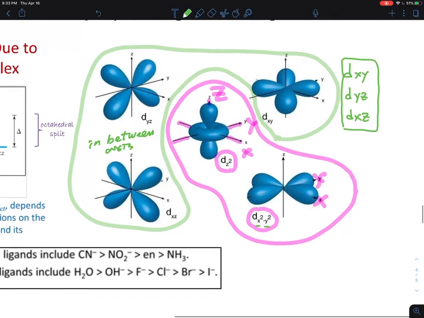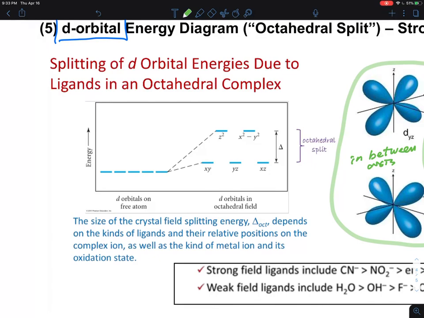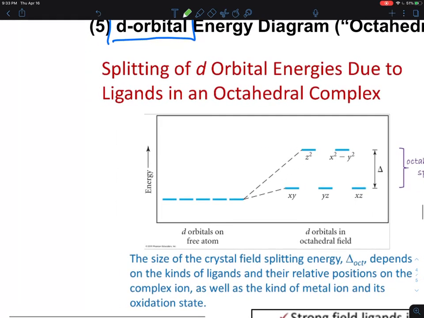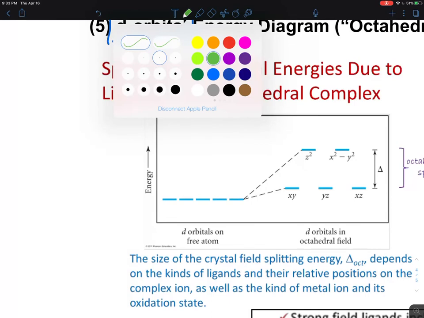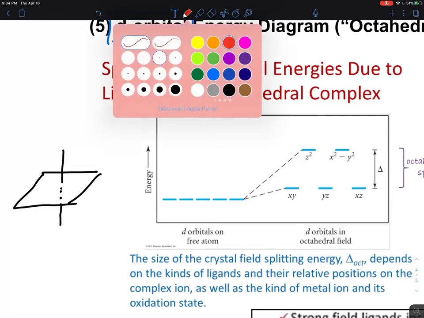Because this is from one of the class lecture slides. So when you have these d orbitals, let's think about it. I'm going to draw this octahedral one more time. Right, there we go. Now I'm going to draw the x, y, z.